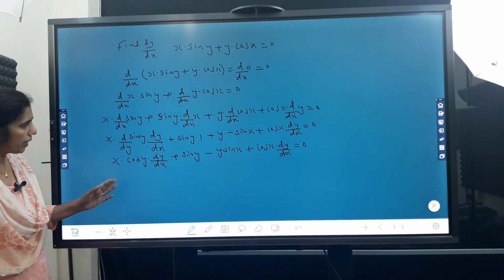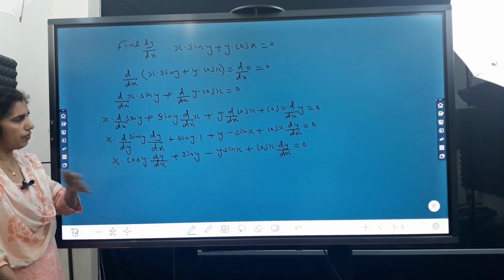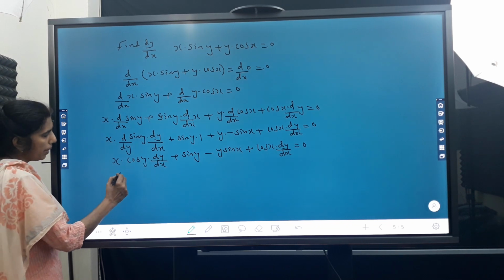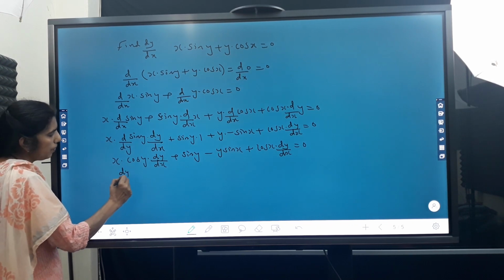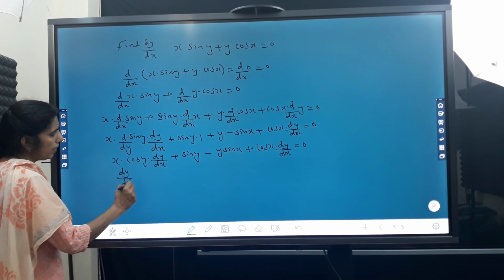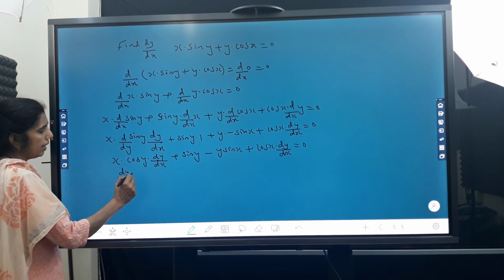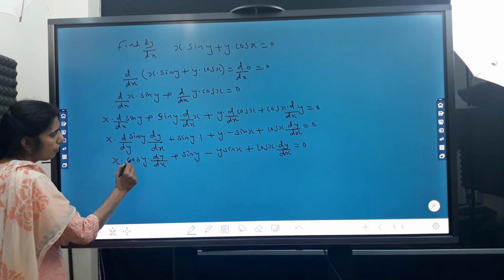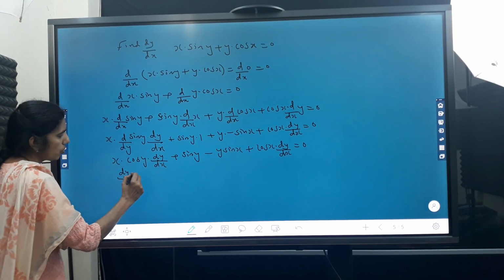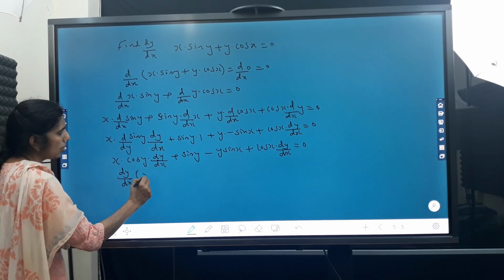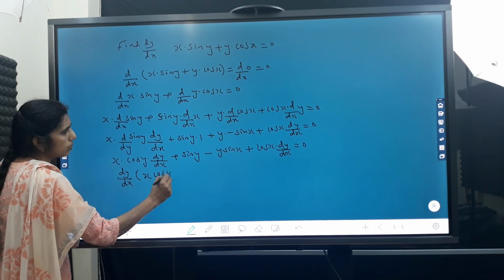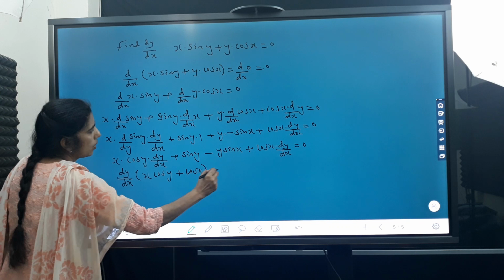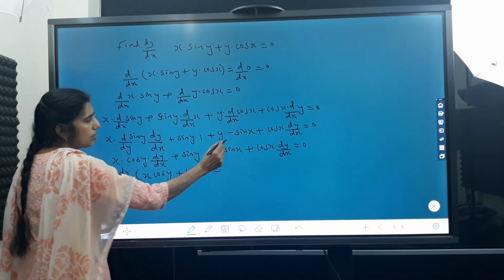So here also we can see that some terms are with dy by dx and some terms without dy by dx. So the terms with dy by dx, we take it on the LHS. So you can take common factor dy by dx from both these terms. So you get dy by dx into x cos y plus cos x equal to this minus y sin x.